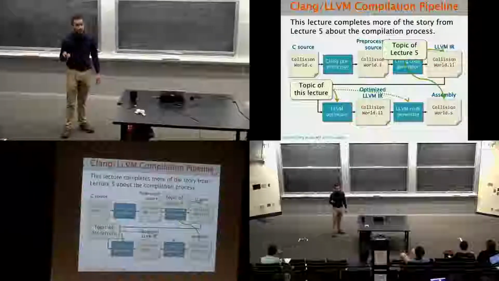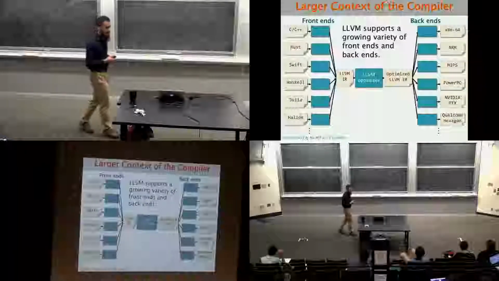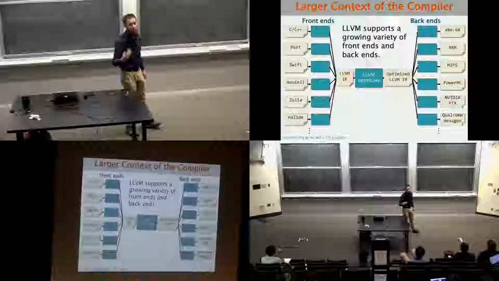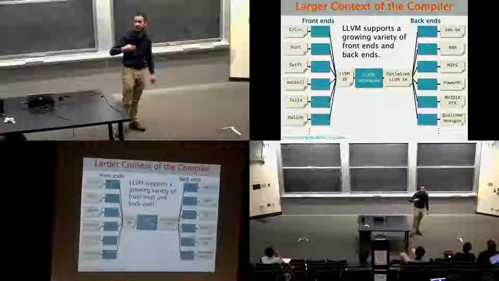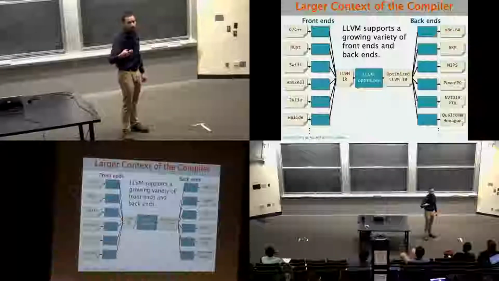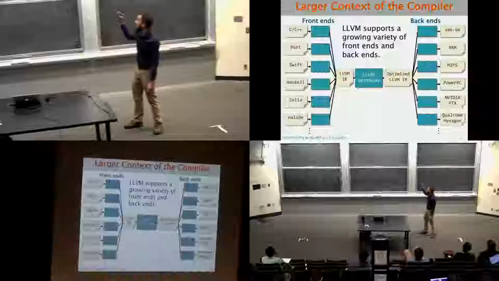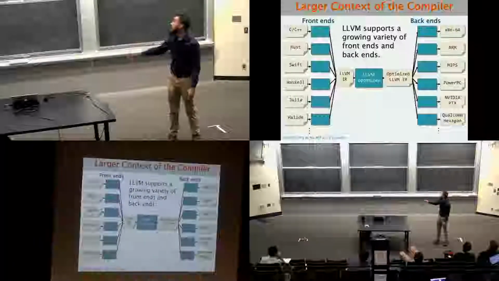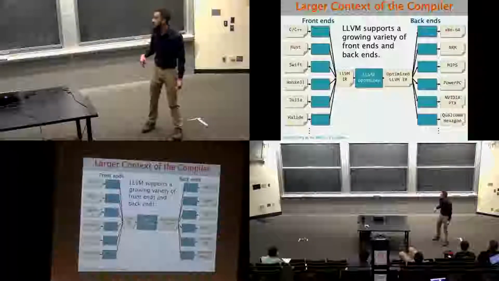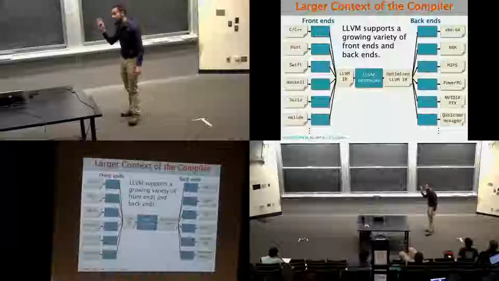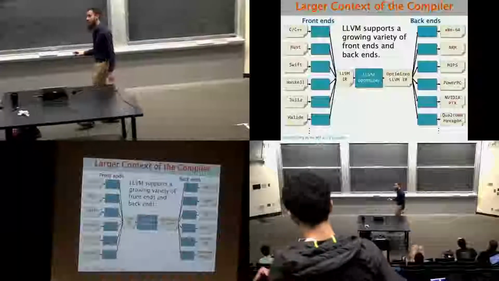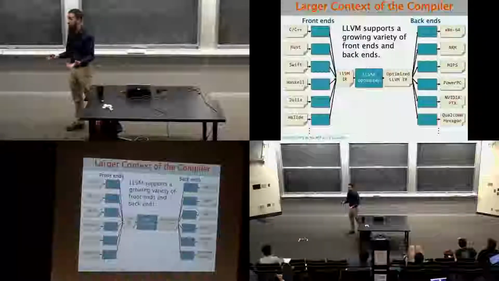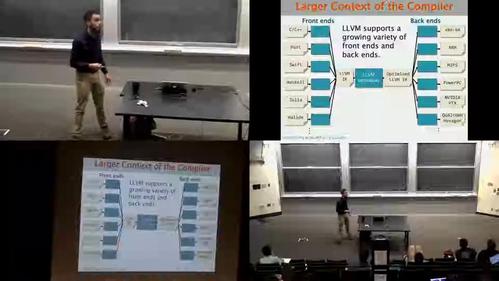Now, even though you're predominantly dealing with C code within this class, I hope that some of the lessons from today's lecture you will be able to take away into any job that you pursue in the future. Because there are a lot of languages today that do end up being compiled: C and C++, Rust, Swift, even Haskell, Julia, Halide, the list goes on. Those languages all get compiled for a variety of different backends, different machine architectures, not just x86-64.